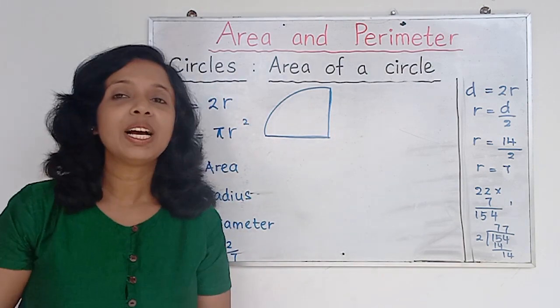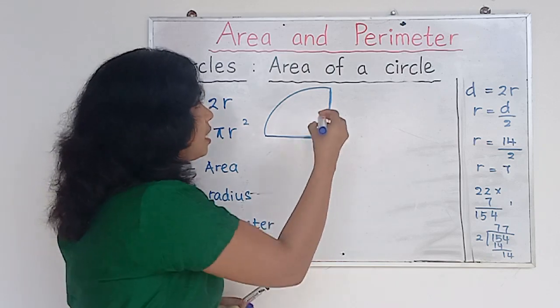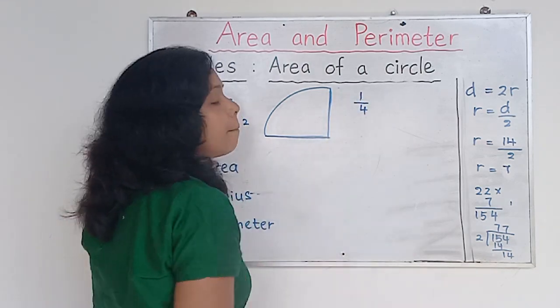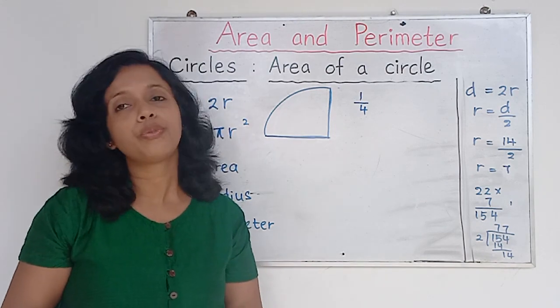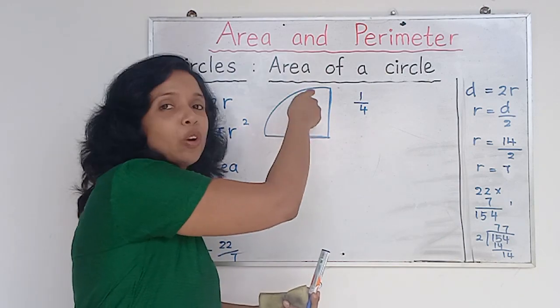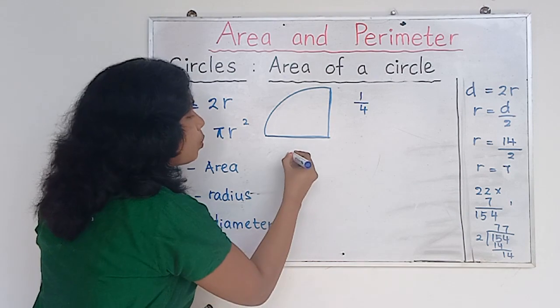This is a quarter of a full circle, right? So this is a quarter. That means, if so, what should I do now? I know how to find the area of a full circle, and to find the area of this quarter circle, what should I do? I want to divide.